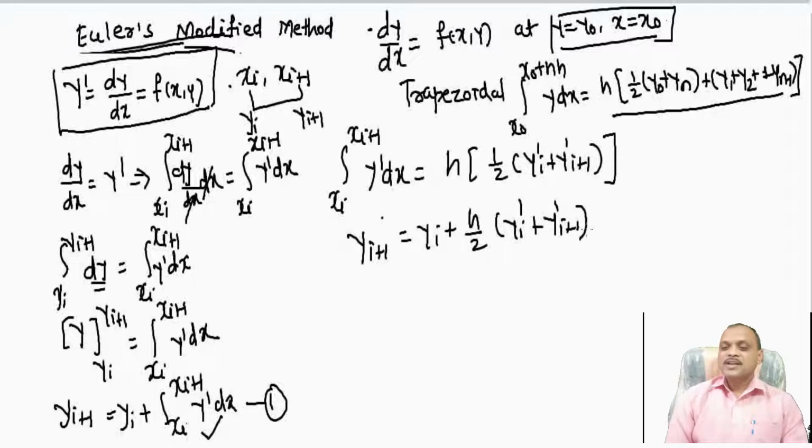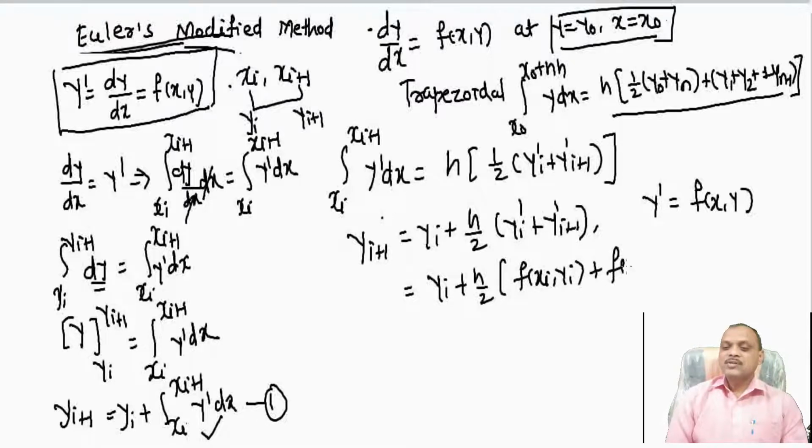But what is y dash? y dash is f of x comma y. So yi plus 1 equals yi plus h by 2 of f of xi comma yi plus f of xi plus 1 comma yi plus 1, plus some error.